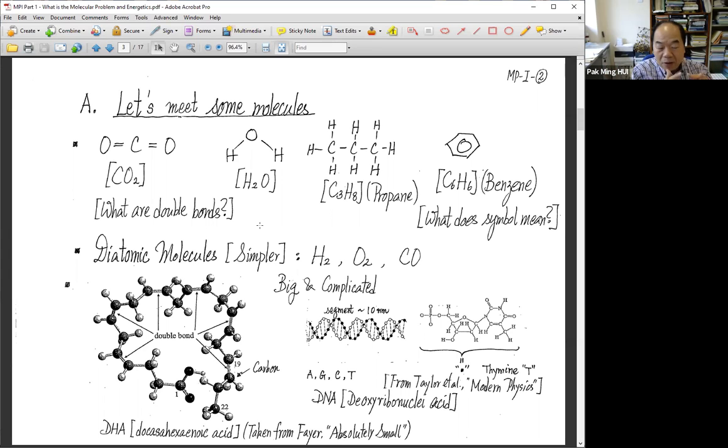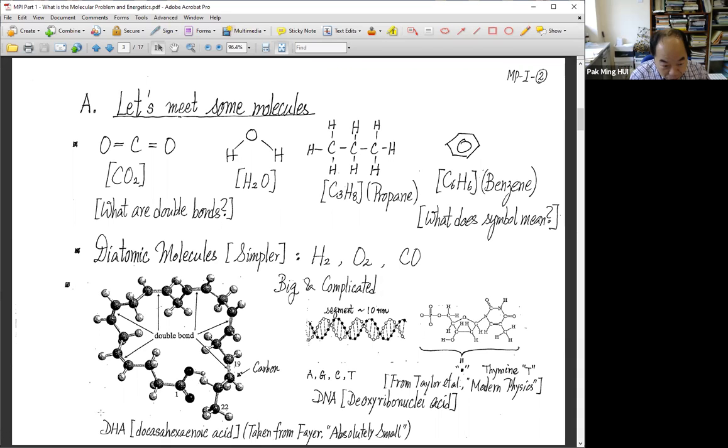I hope that after our discussion, you have a better sense of what these basic statements are about. It's talking about the wave function and the wave function squared, how they distribute, and the consequence of that distribution gives us the picture of a particular thing called a covalent bond.